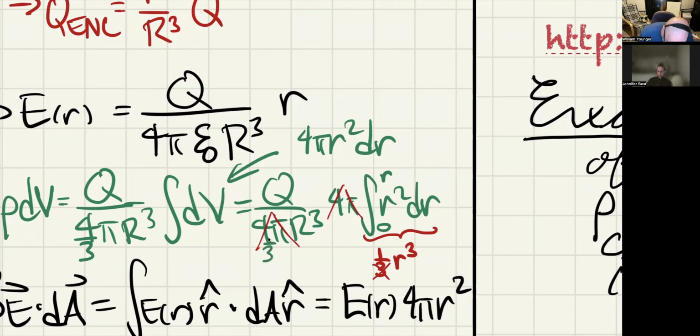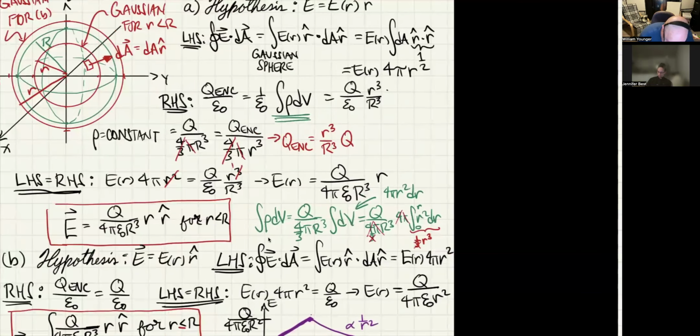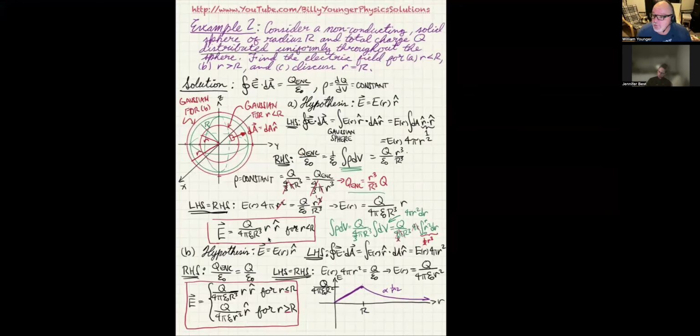I just said it. So now I'm going to say it cancels out with this 1/3. And we ultimately just get Q r cubed over big R cubed, which is exactly what we got here. Okay. So that's how you'd actually do the calculus part, which you don't want to do. But the next one we're going to have to do it anyway, so it's no big deal. Any questions on that one, Jen?